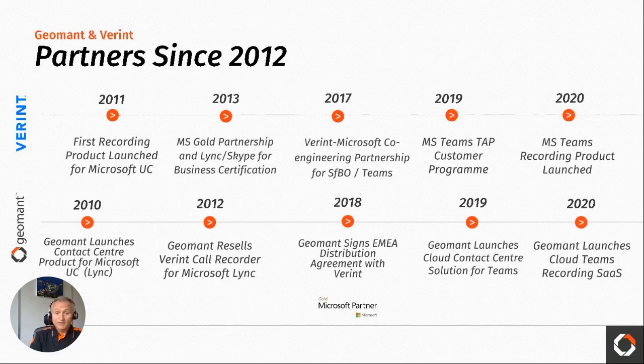In the area of Teams recording, Verint were one of the few software vendors chosen to partner with Microsoft, and they were able to launch an enterprise Teams recording solution, the one that you'll see today, on the very day that Microsoft's API was made generally available just a few months ago.